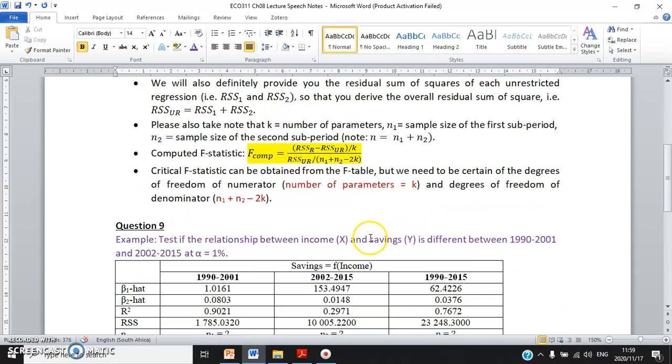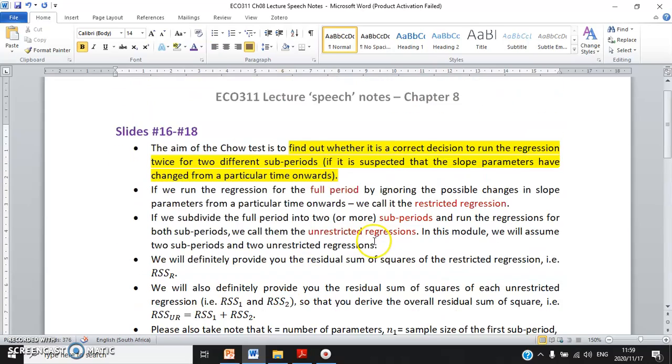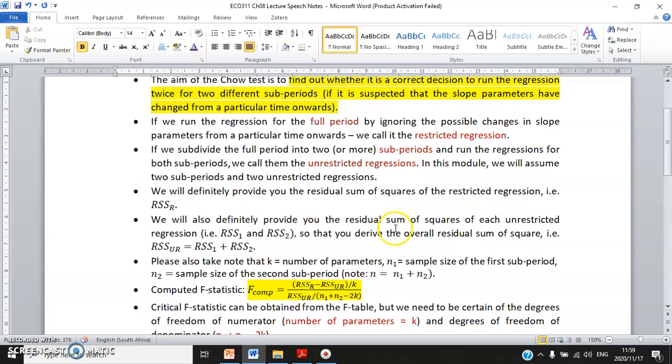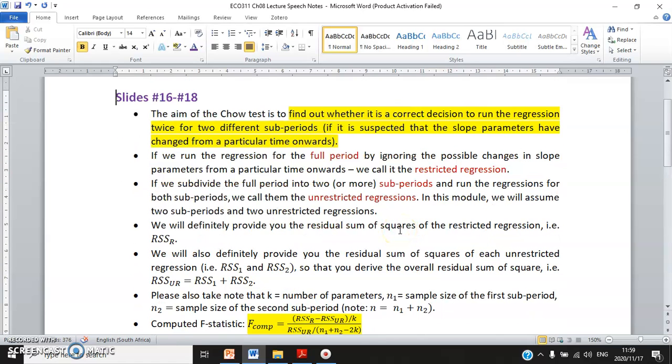And then for the last type of F-test, it is called Chow test, mainly on time series regression. So in other words, I want to know, is it a correct decision? We want to run two types of regressions. The first case, we assume no change in the slope parameter during the whole period. Then I run the regression for the full period. Okay, and then in the second case, maybe after doing a graphical sketch, I seem to notice that the slope parameter has an abrupt change.